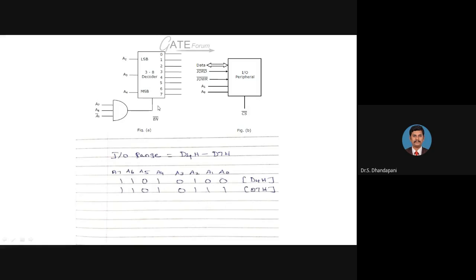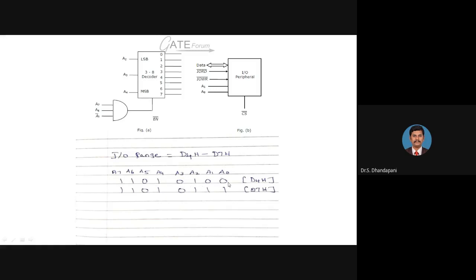Next, the remaining values A2, A3, A4 we want to fix as per the given address range D4 to D7. D4 can be represented in binary form: D is written as 1101, 4 is written as 0100.